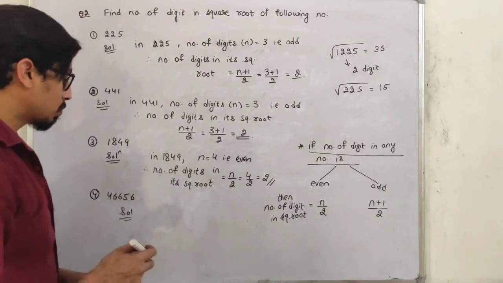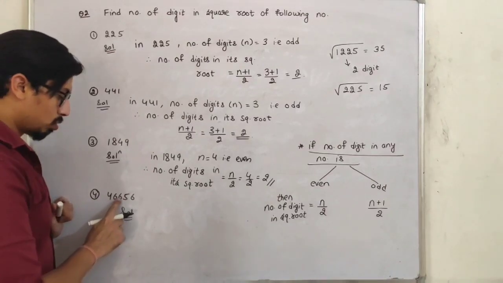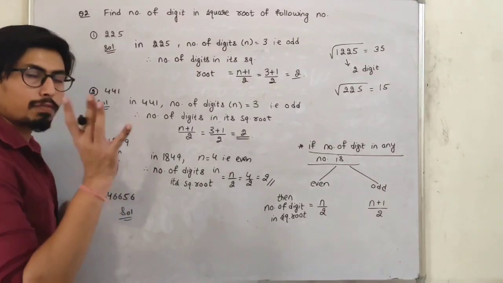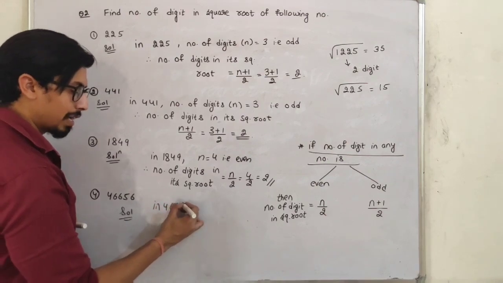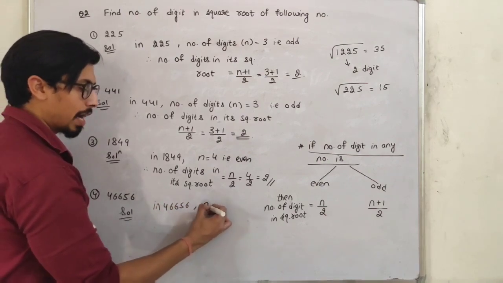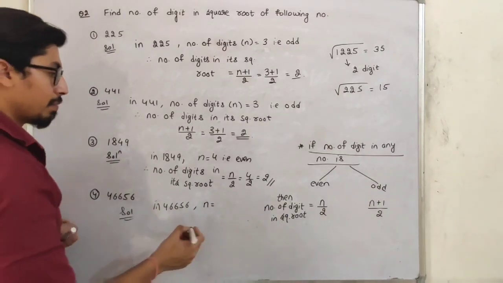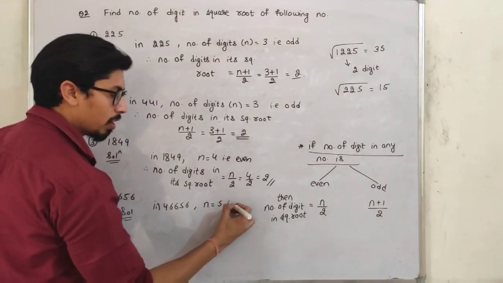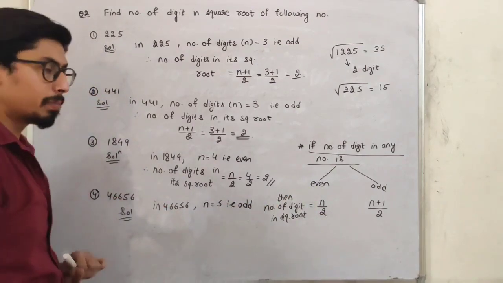In our next part, that is part 4, 46656 has 1, 2, 3, 4, 5 digits. So the value of n, where n is the number of digits, is 5. That is odd, and for odd we have the formula n plus 1 by 2.